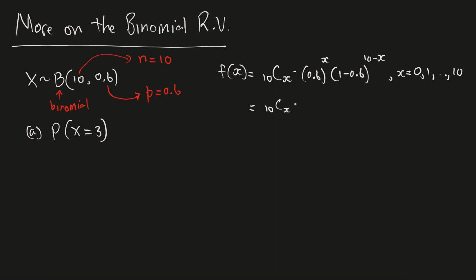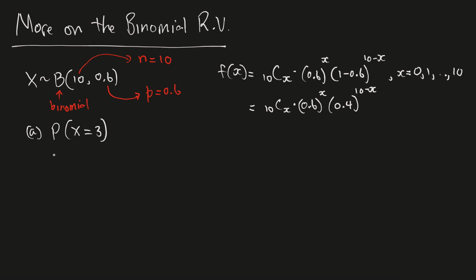It might not look like the type of function that you think of when you're evaluating, but this is it. So 1 minus 0.6 is 0.4, and then we have the 10 minus x as that exponent. So it's just a matter of substituting.